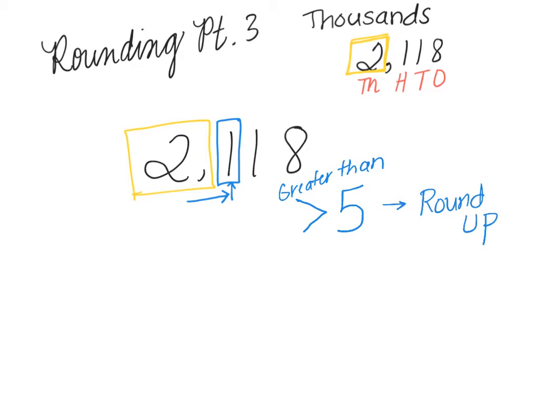What that would mean is that this 2 is going to become a 3. So it would round up to the higher number at 3,000.